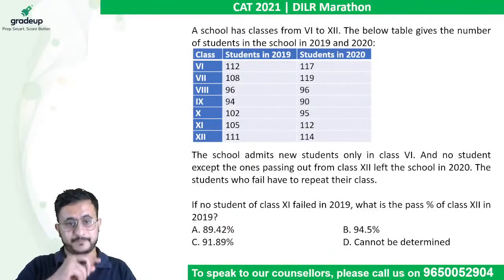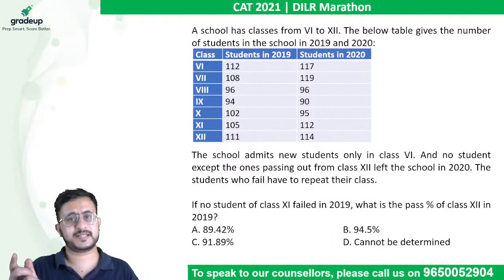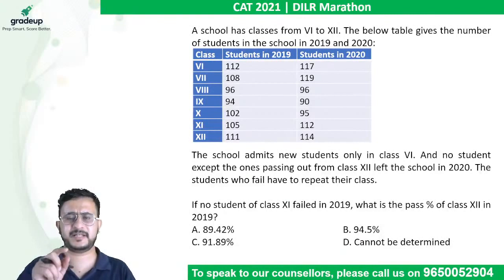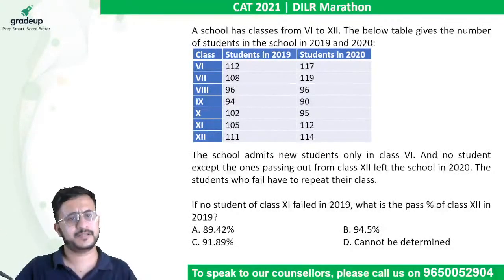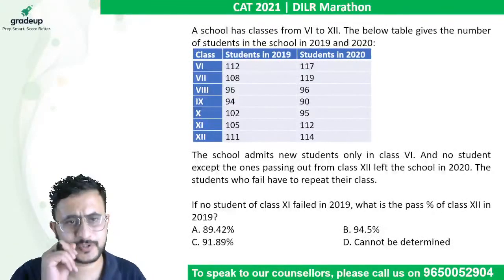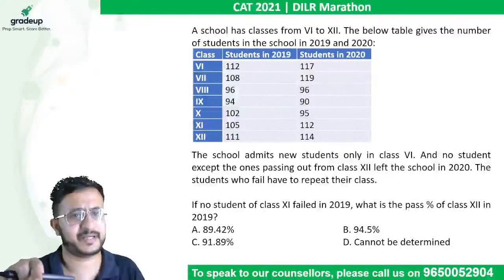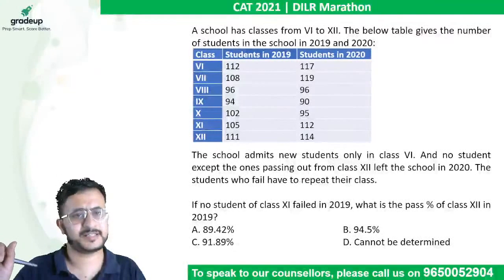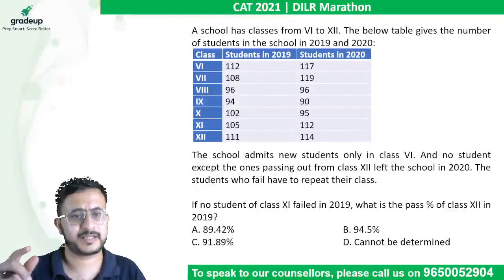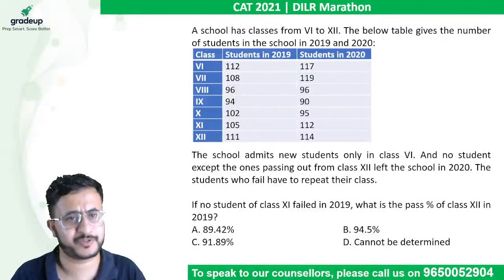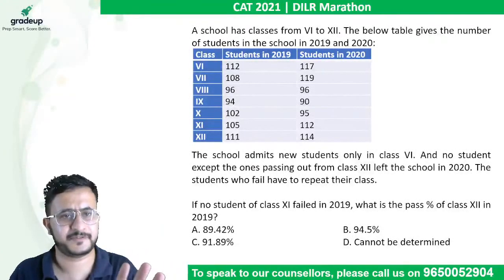Only those who pass the examination will move to the next class, and only those who have cleared class 12th will move out of the school. Those in the school stay in the school. New entry comes to class 6th only, and no one else left the school in between.